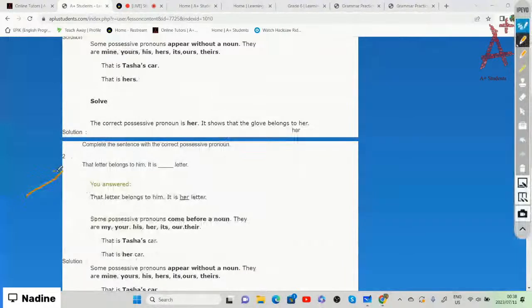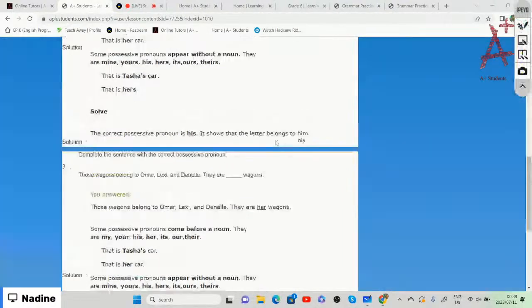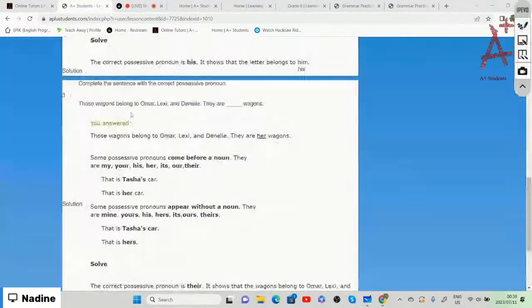That letter belongs to him. So if the letter belongs to him, is it her letter or his letter? All right, if the letter belongs to him, it is his letter. And then the last one: those wagons belong to Omar, Lexi, and Danelle.